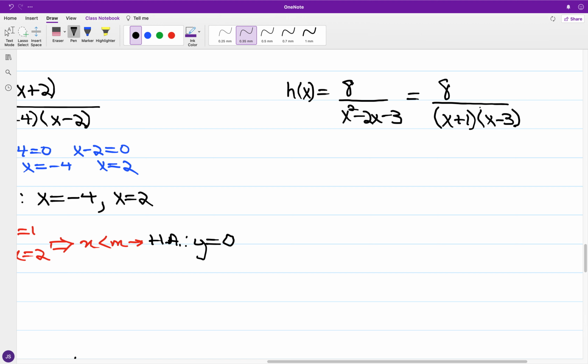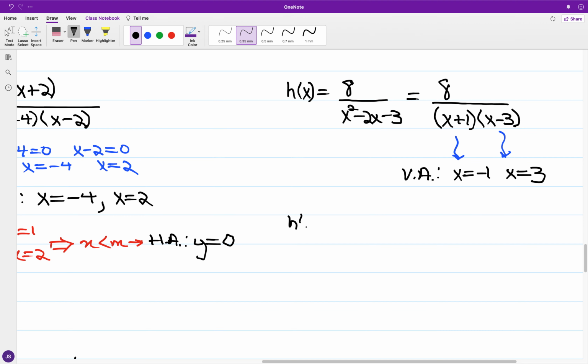If you notice, there's no cancellation whatsoever. Since those factors remain, the zeros will come to define the vertical asymptotes. In this case, from x plus 1 we have x equal to negative 1, and with x minus 3 we have x equal to 3.